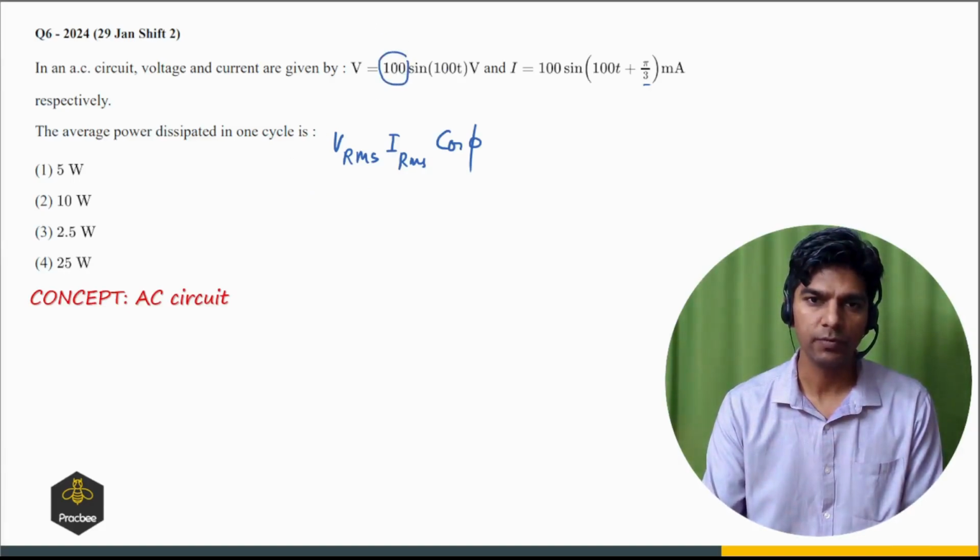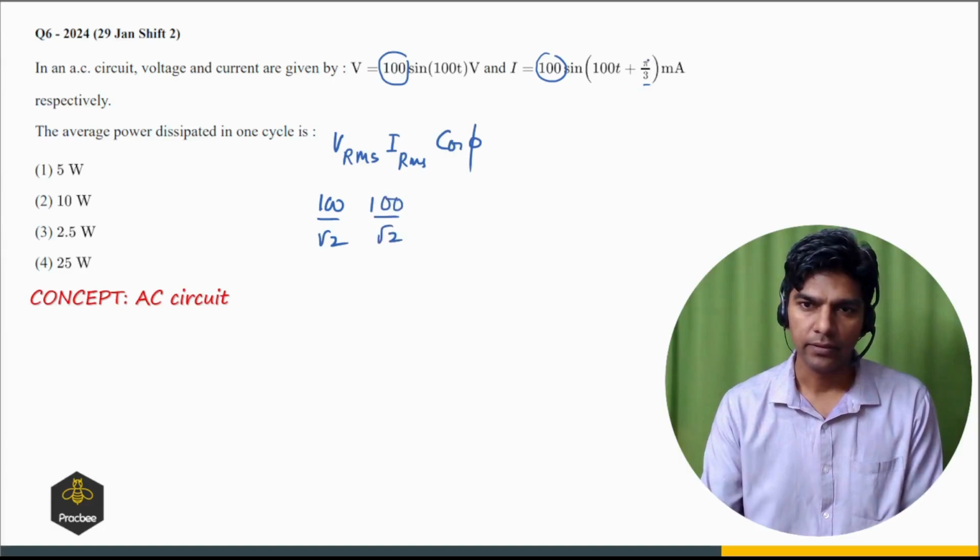So VRMS, this is the peak value of the voltage, so VRMS will be 100 by root 2. This is the peak value of the current, so IRMS will be 100 by root 2. And this is the phase difference, pi by 3. So cos pi by 3 is 1 by 2. So we got 10,000 divided by 4.